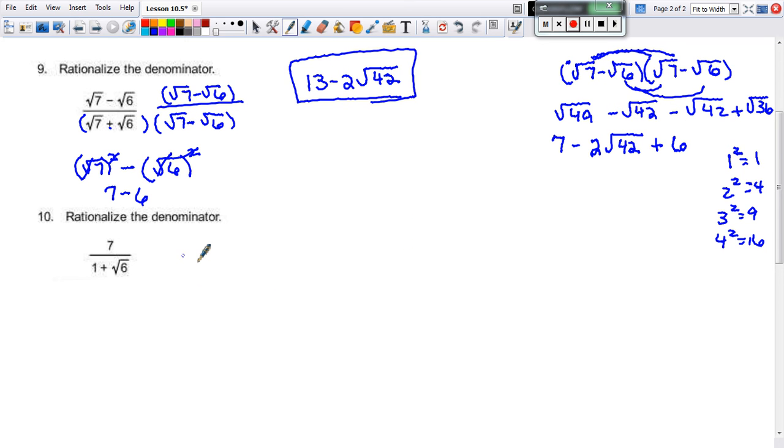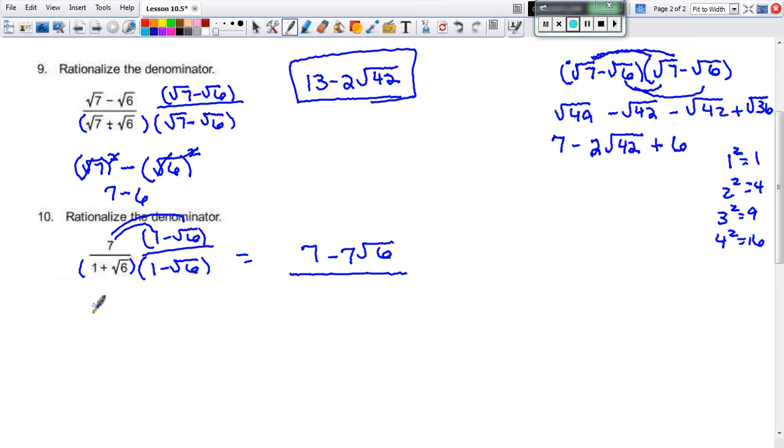Okay, on the last one, you multiply the bottom by the conjugate. So 1 minus the square root of 6. You have to also multiply the top by that. Okay, so 7 times 1 is 7. 7 times negative square root of 6 is negative 7 square root of 6 over 1 squared minus, because a positive times a negative is a negative, the square root of 6 squared.